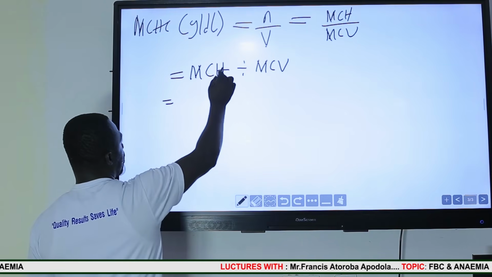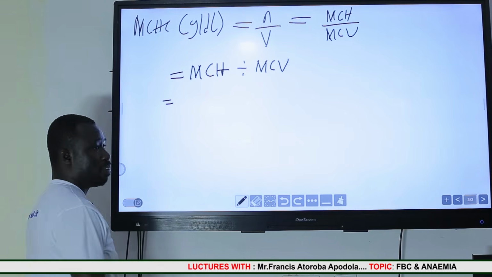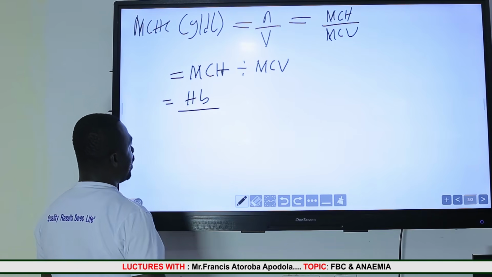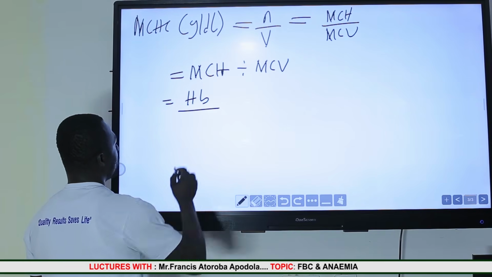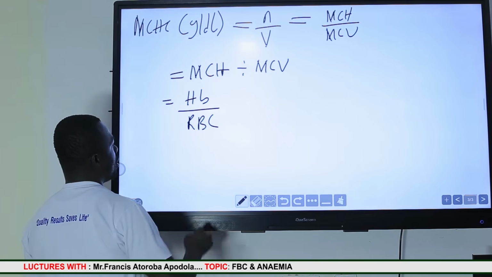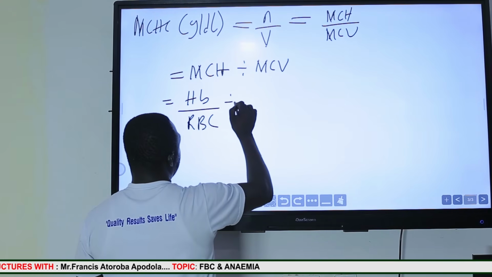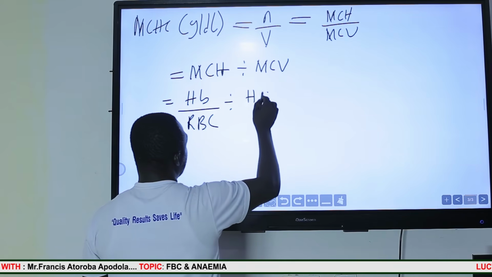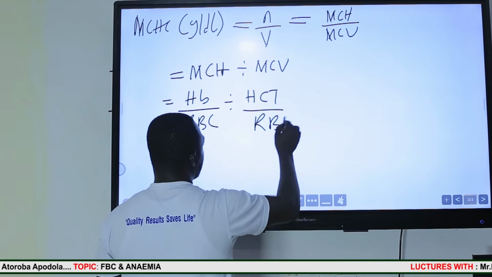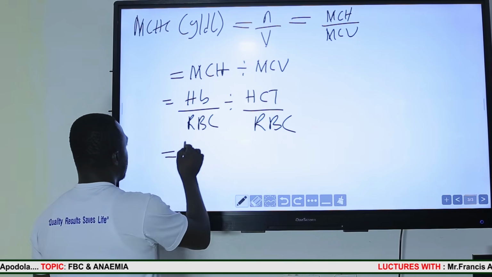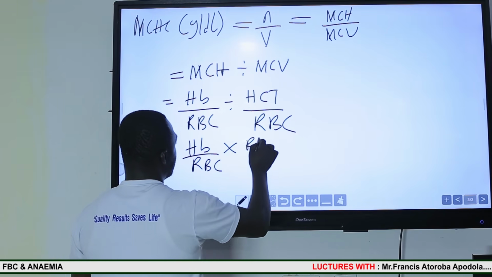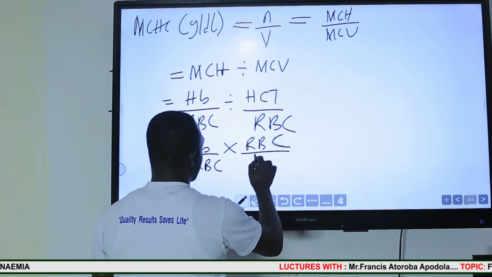MCH, as the formula, is equal to the HB value divided by RBC count, divided by hematocrit divided by RBC. Are we together? This will give me HB divided by RBC times RBC divided by hematocrit.